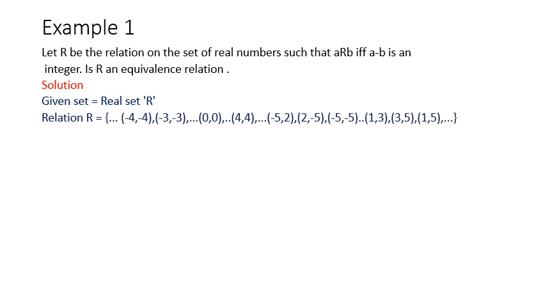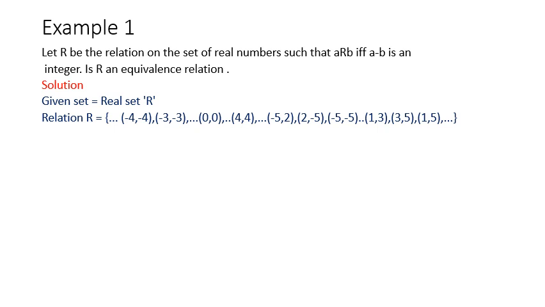Then relation R can be taken as the set of ordered pairs (-4, -4), (-3, -3), (0, 0), (4, 4), (-5, 2), (2, -5), (-5, -5), (1, 3), (3, 5) and (1, 5), etc. So there are an infinite number of ordered pairs that we can write here because it is from the real set R. The real set R includes the set of integers, then rational set, irrational set, and all.